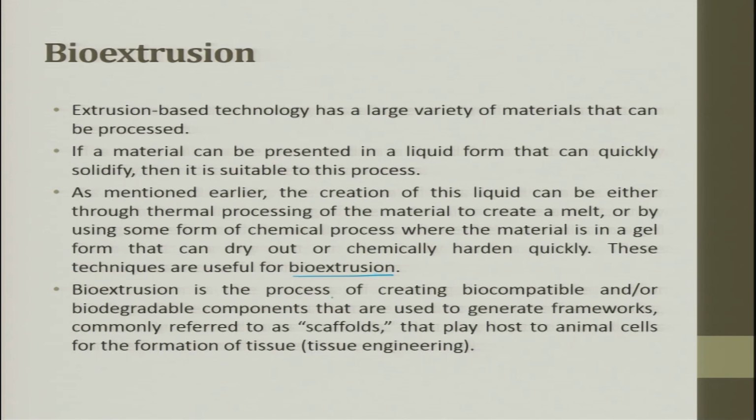Bio-extrusion is the process of creating biocompatible components, very interesting. If you see our body, our skin and tissue, they are all made out of polymers. Of course, the skeleton is there, but the covering layer will be polymers.